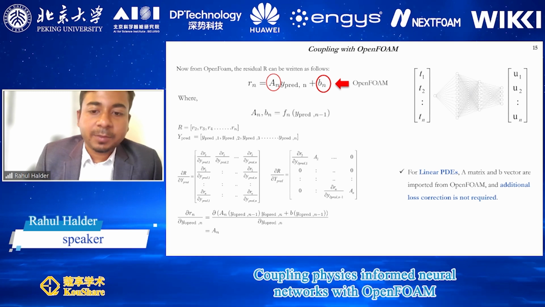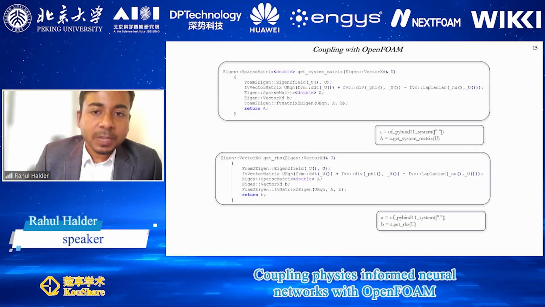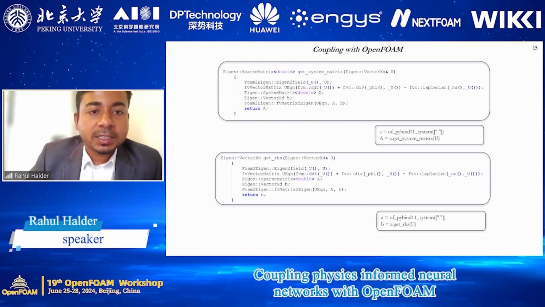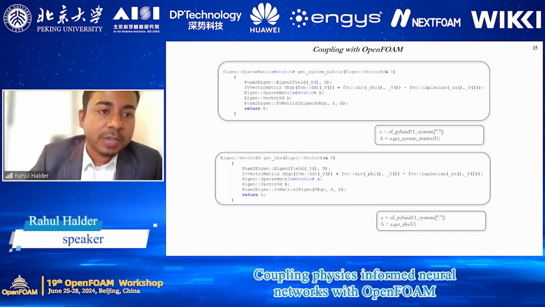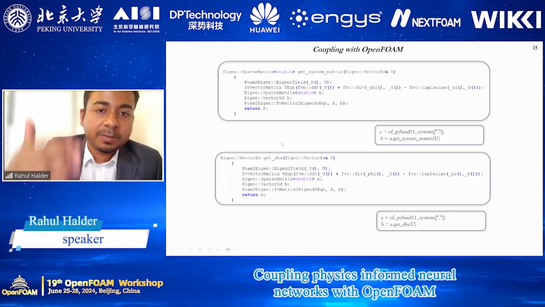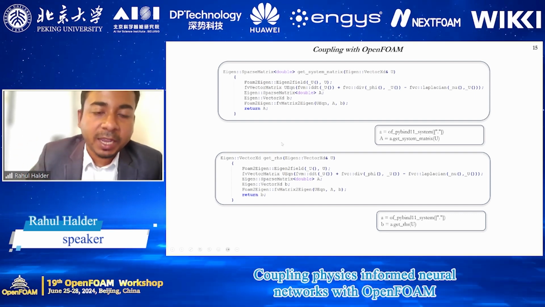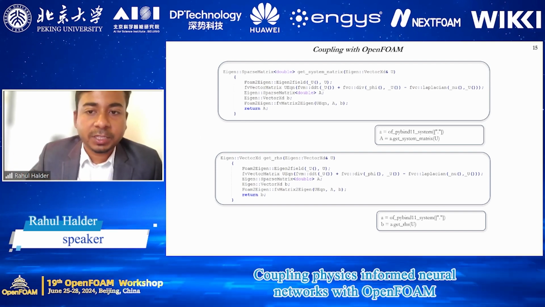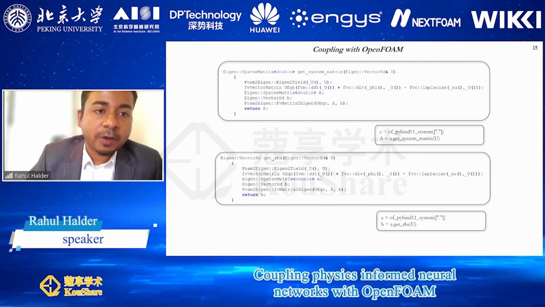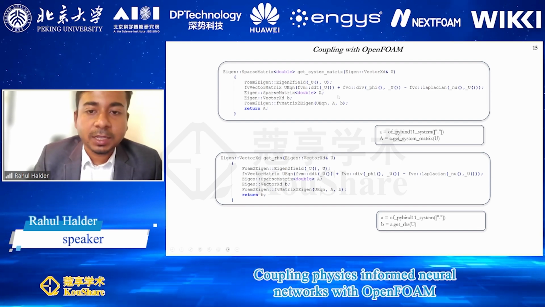Before going to results, these are the coding platforms I have. This is the Ithaka MP platform. We used PyBind for coupling OpenFOAM with the PyTorch platform. Our idea is to get the residuals out of it.